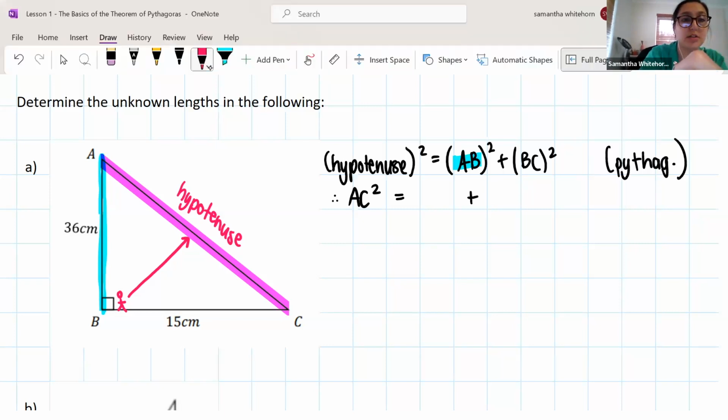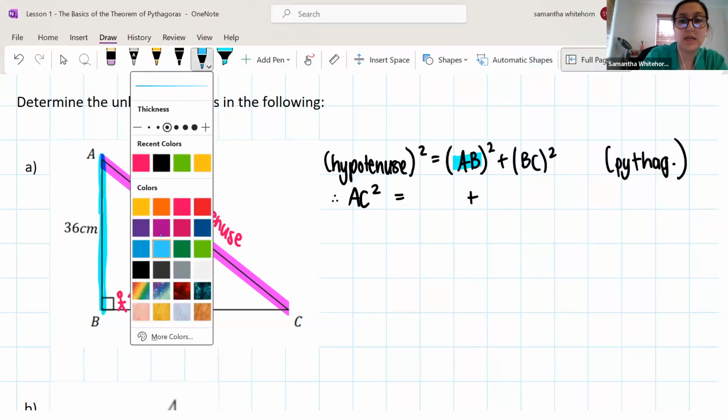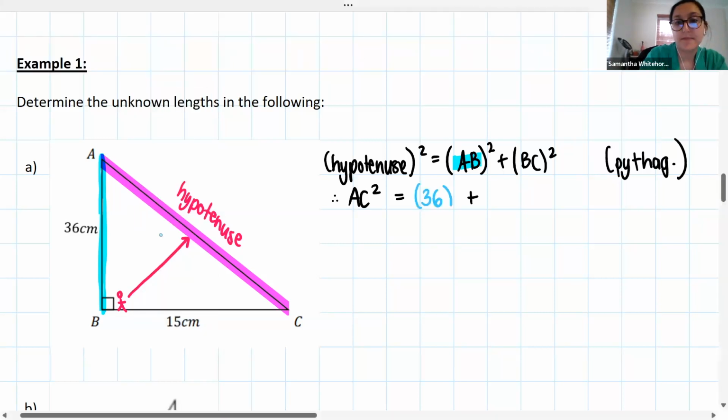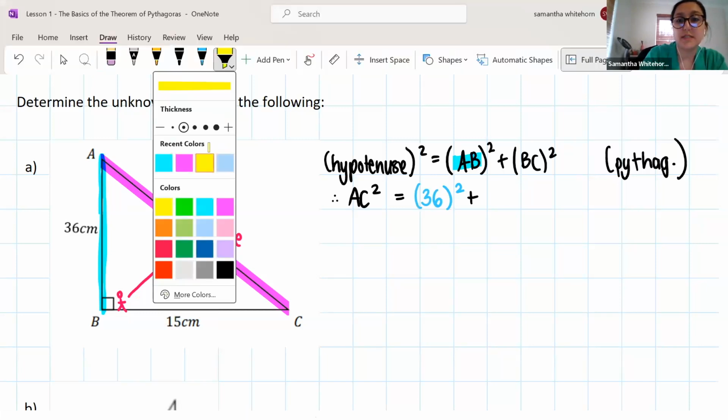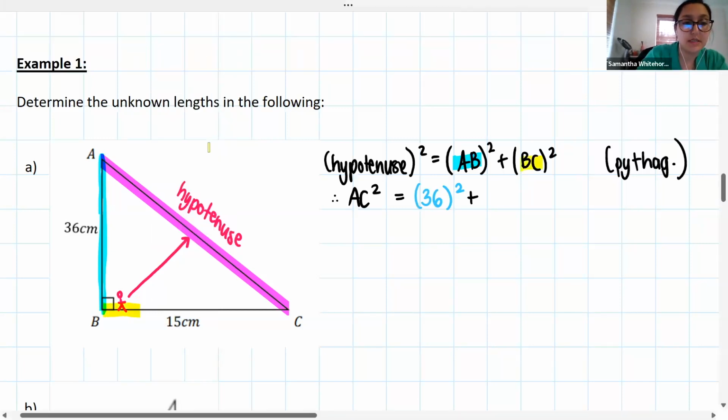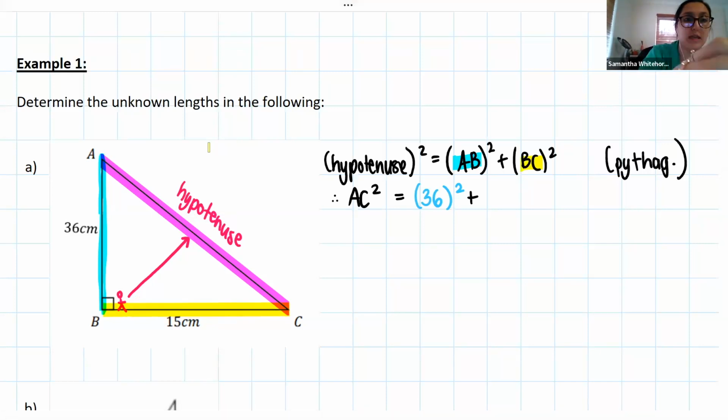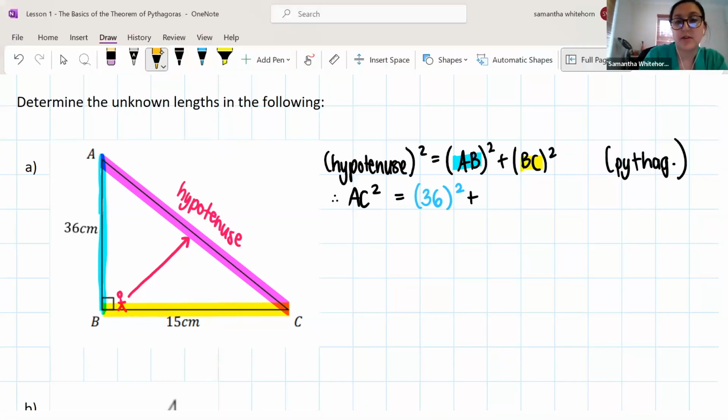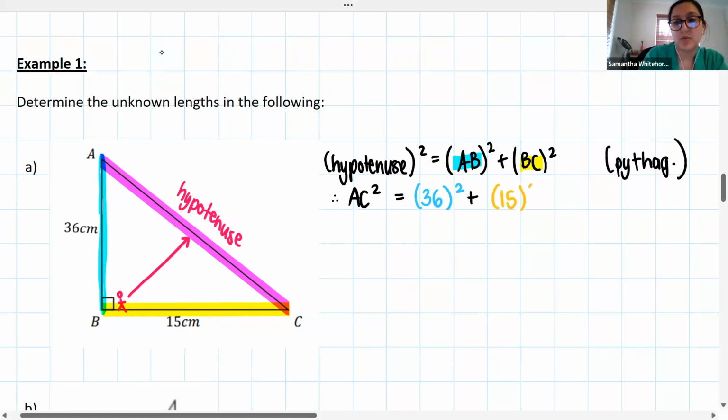So AB is 36 squared. And if I then go and have a look for my side length BC, again, I do know what BC is. It's 15 centimeters. And so once again, I can substitute that value in, 15 squared.